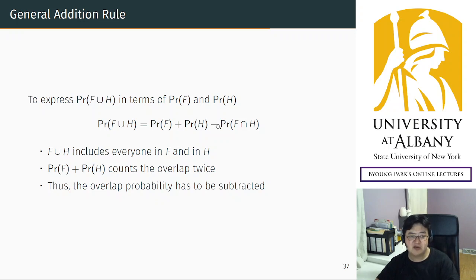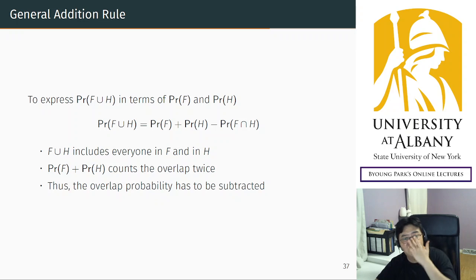But the problem here is you have to subtract their intersection, because when you sum those two, you are adding some outcomes' probability twice.